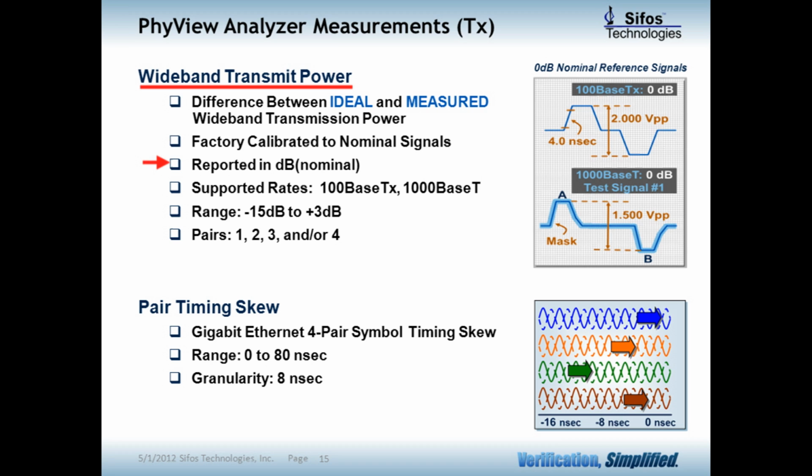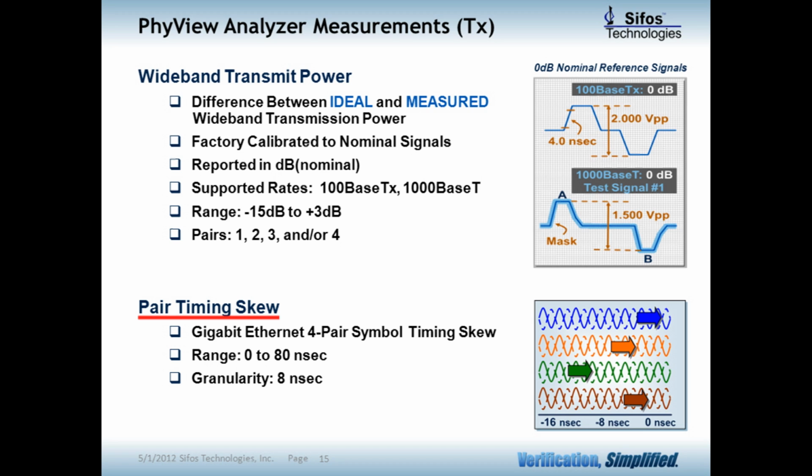Like PSD, it reports in dB nominal, where 0 dB indicates nominal power level, positive values indicate overpower, and negative values indicate underpower. The measurement has a range from roughly minus 15 dB to plus 3 dB and is performed on pairs 1, 2, 3, and/or 4.